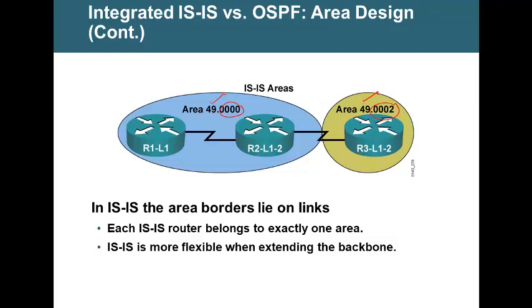Advantage of integrated ISIS. You see, this is the biggest advantage. OSPF sends a lot of LSAs. See, they have very clearly shown the problem with OSPF in this picture. I love this picture actually.